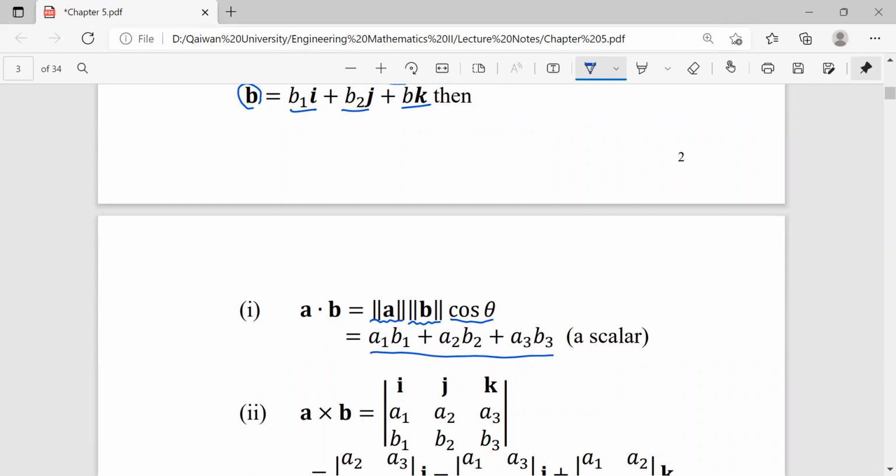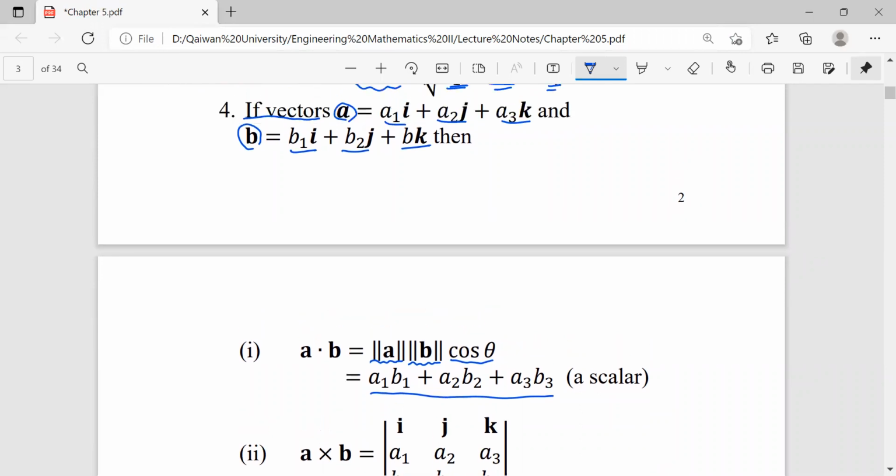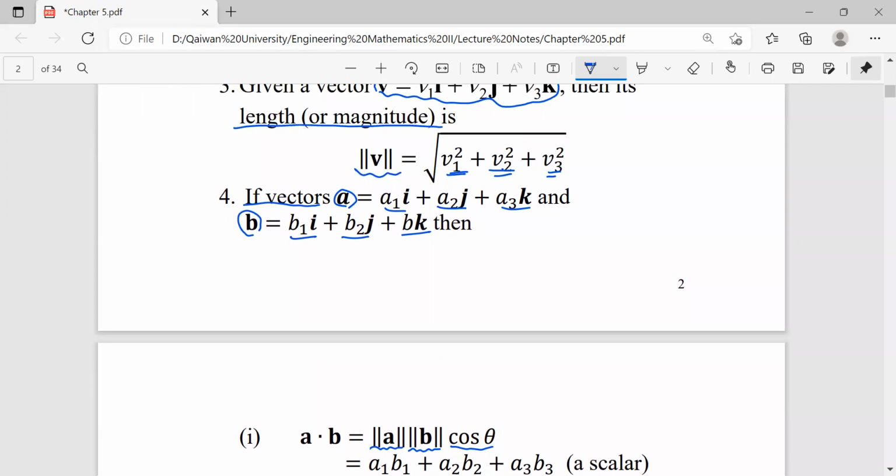a1b1 plus a2b2 plus a3b3. We multiply each corresponding component. Here we have vector a, which is a1i plus a2j plus a3k, and b is b1i plus b2j plus b3k.